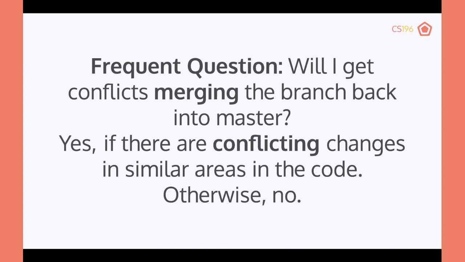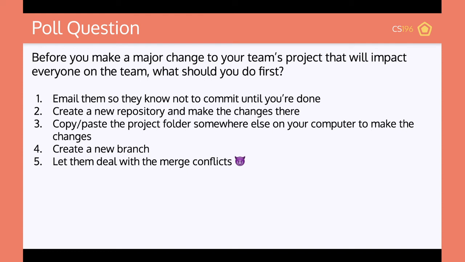However, any other time, it's not going to be an issue at all, and it is just going to work fine. So this idea of merge conflicts can happen anywhere, but it usually only happens when you change the same thing in two different branches or two different locations. So that is the basics of branching.